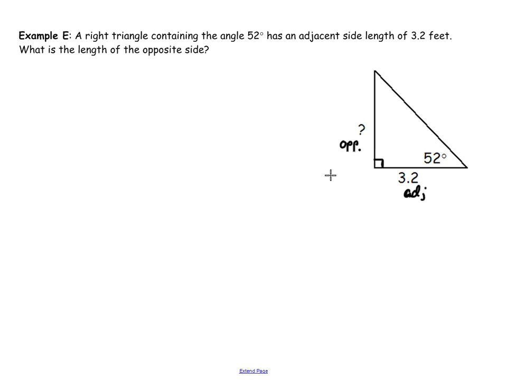And I know that the ratio that goes with it is the one that tells me that the tangent of the angle is going to be equal to the ratio of the opposite side to the adjacent side. We know one of those lengths already. We know that if we take the tangent of 52 degrees, whatever its value is, and take our unknown value, divide it by the adjacent side, which we do know, we can solve for that side pretty easily.